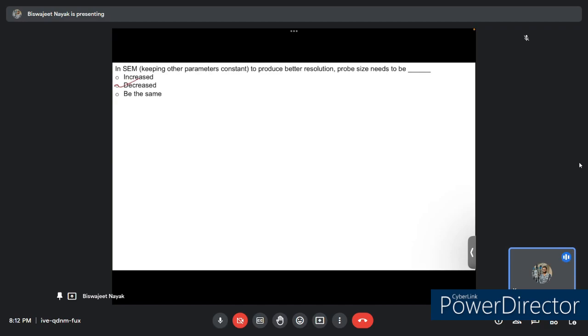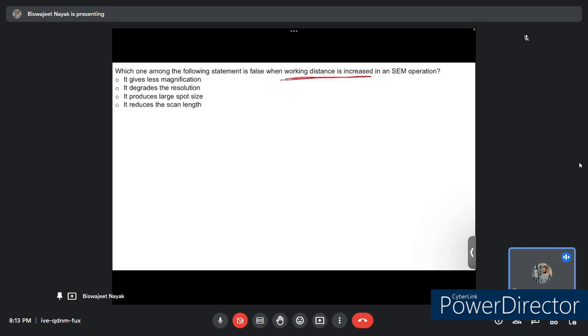Which one among the following statements is false when working distance is increased in an SEM operation? When working distance is increased, we know that the resolution degrades and the probe size becomes bigger.